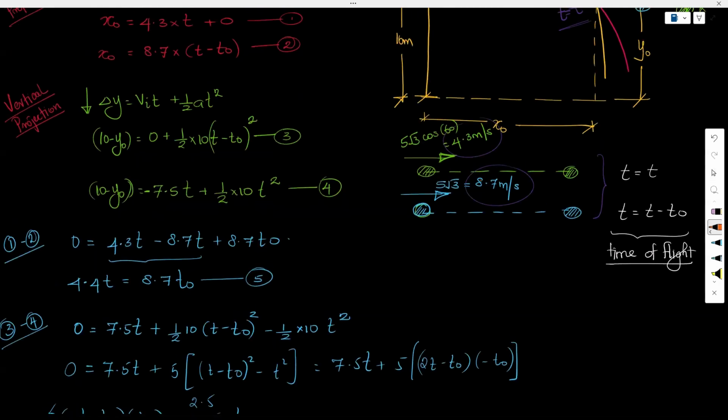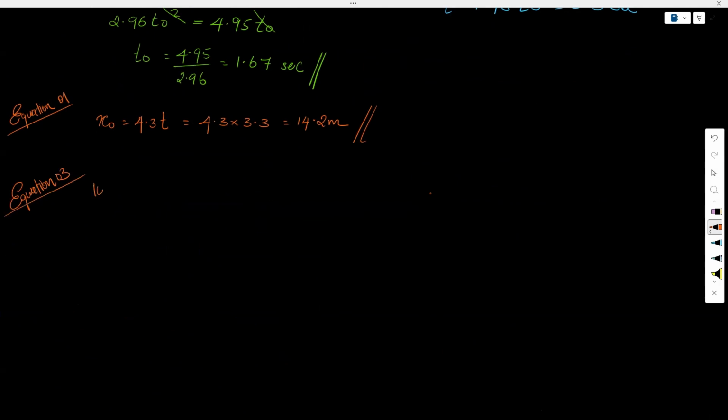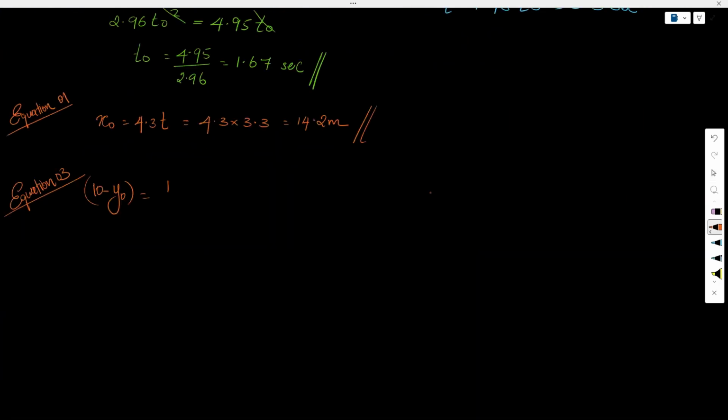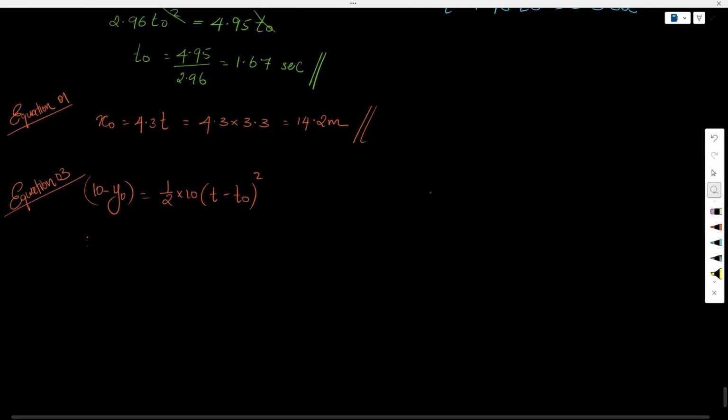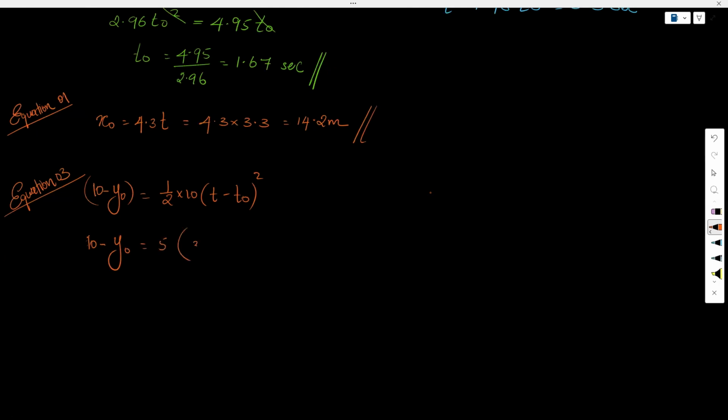Now we have to find what y0 is. We can use the third equation, which is 10 minus y0 equals half of 10t minus t0 squared. Let's keep this: 10 minus y0 equals 5 times, with t as 3.3 and t0 as 1.67, squared.